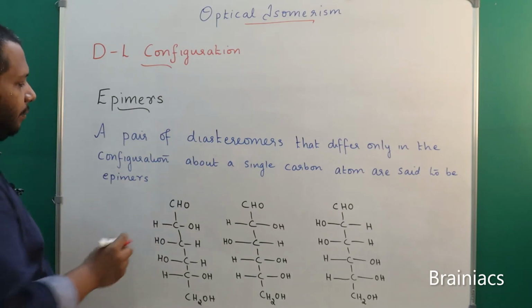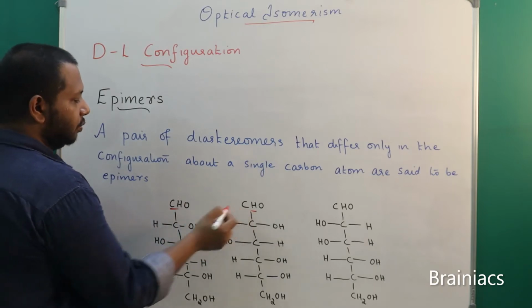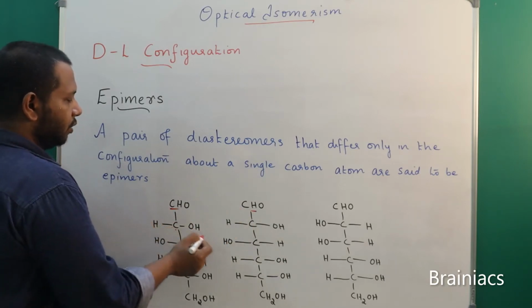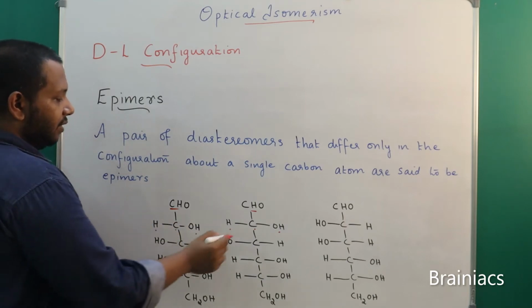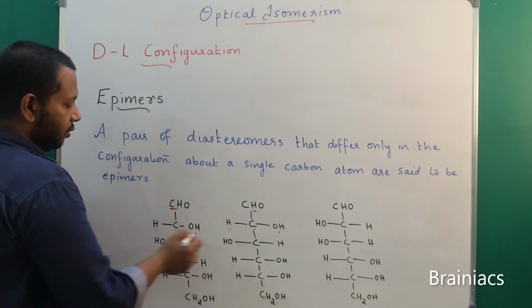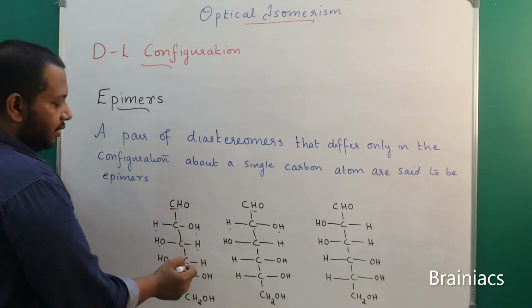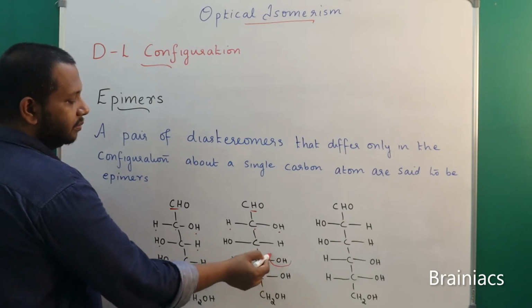For example, if I compare these two, I know both of them have CHO. Here first carbon OH on right, here first carbon OH on right, and H on the left, here also on the left. Second one I am seeing H on the right, H on the right, and OH on the left, here also OH on the left. Third one I am seeing H on the right, but here OH is on the right.